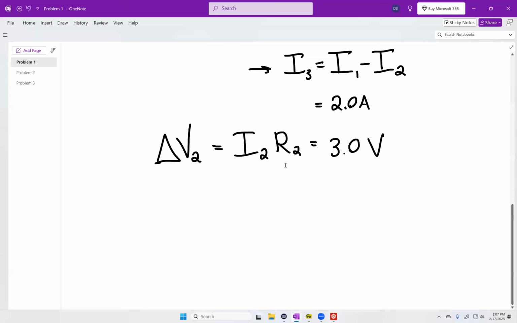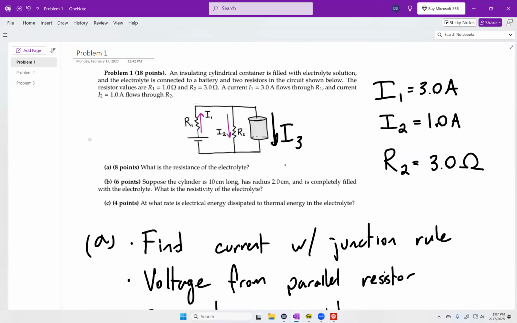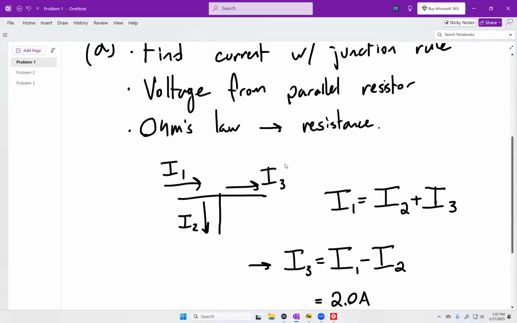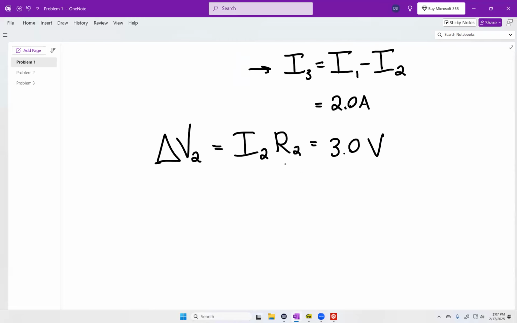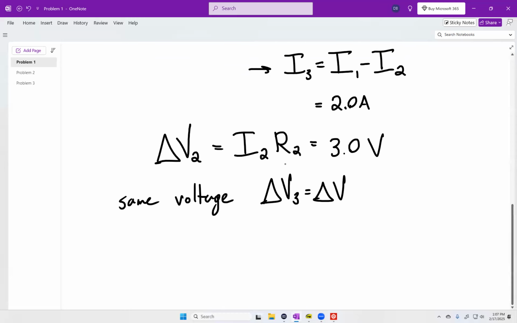And that's the same voltage as our electrolyte. Let me label this R3. Again, we have the same voltage. The delta V3 is equal to delta V2 because these two resistors are parallel.